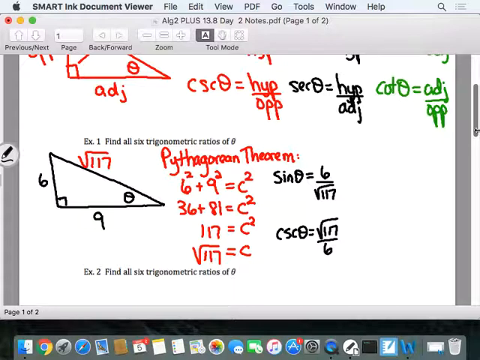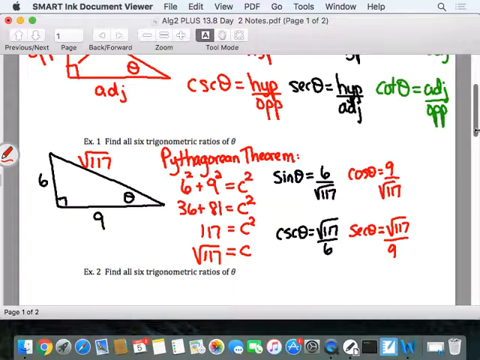Sine theta, SOHCAHTOA, is opposite over the square root of 117. And we're not going to worry today about rationalizing. And then cosecant is just the reciprocal, so it's the square root of 117 over 6. Cosine theta would be adjacent over hypotenuse. So that's 9 over radical 117. The reciprocal is secant theta.